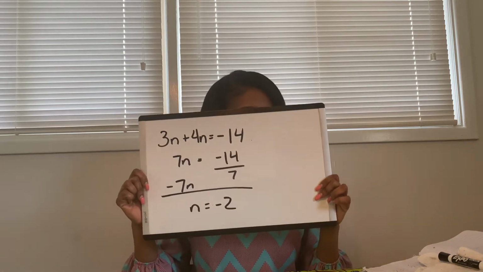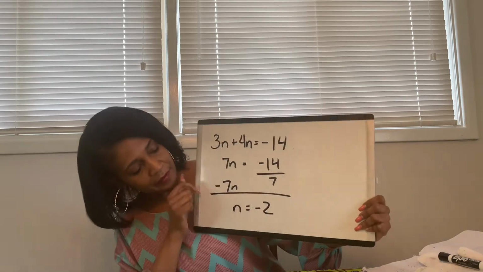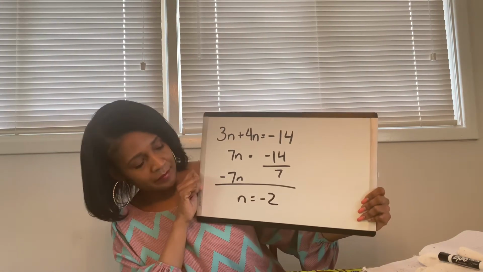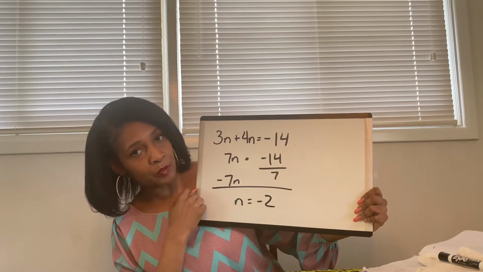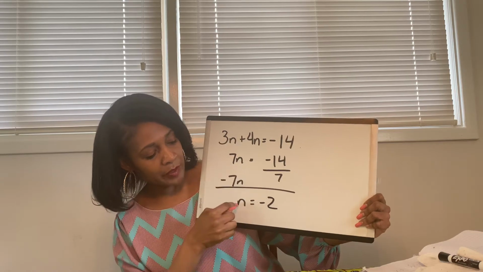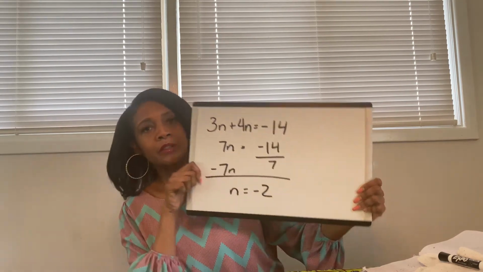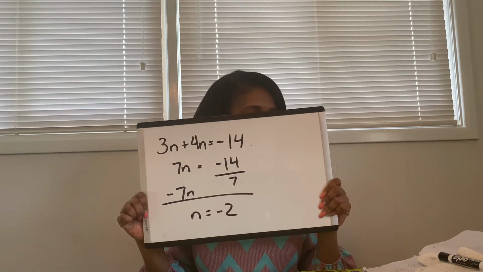Now let's simply divide. 7 into 7 will go one time. We do not have to write the number 1. We simply bring down our n. 7 will be divided into 14 2 times. So our answer will be negative 2.